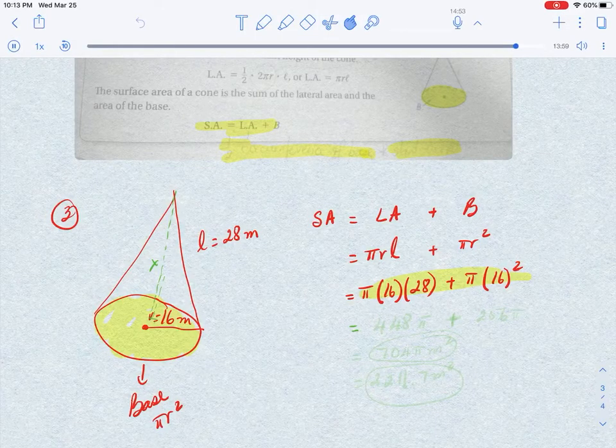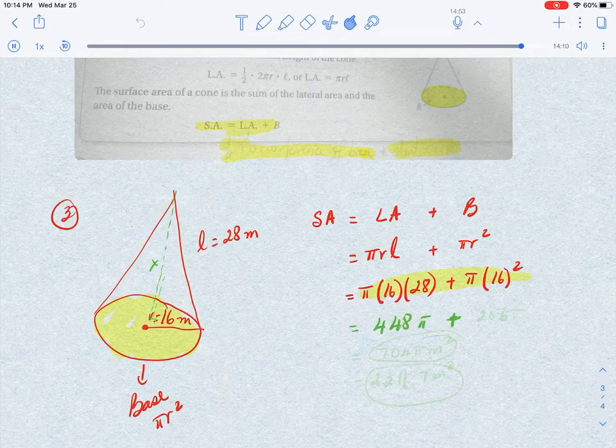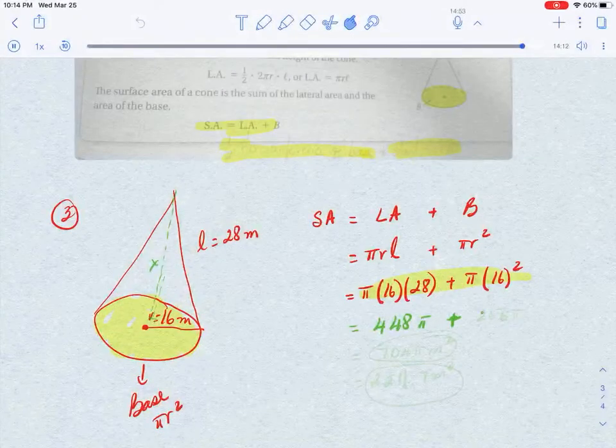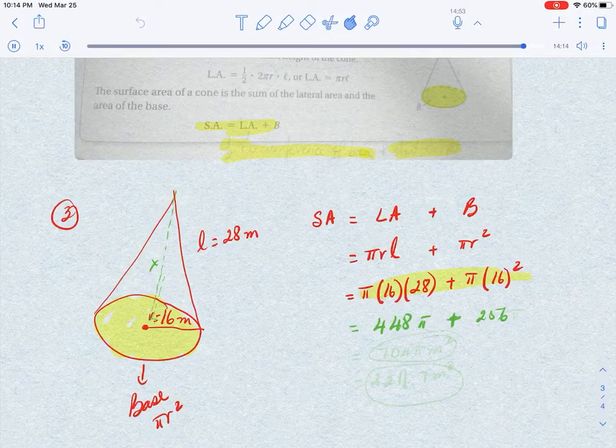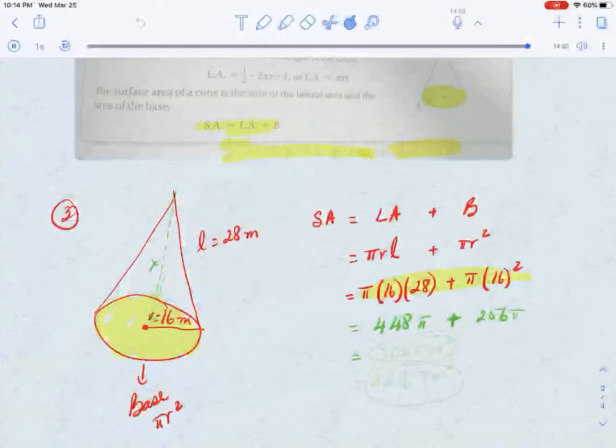Times 28, that's going to give me 448 pi. So in this problem, they want me to keep things in terms of pi. That's a lot easier because I don't have to deal with calculating the value. It's not that bad, but I'll give you both.